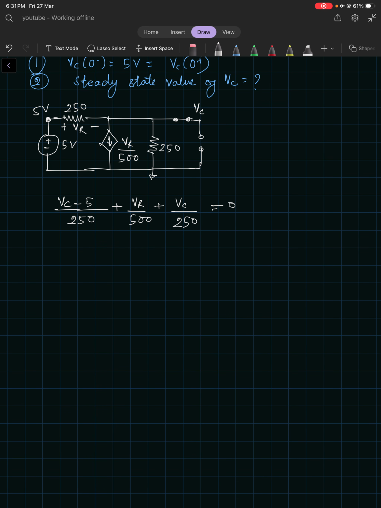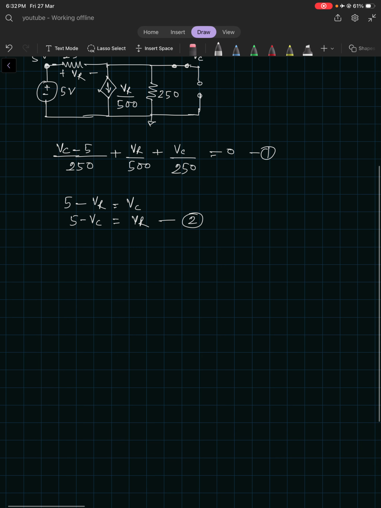Now what are VR and VC? If you see here, this is VR, this node is at 5 volts and this is VC. It's a very simple KVL equation: 5 minus VR equals VC. So VR would be 5 minus VC. This is equation 2.